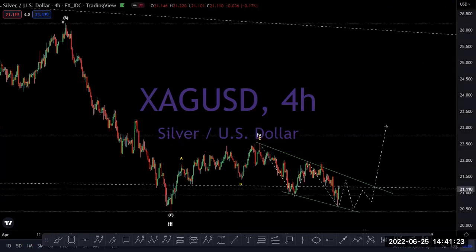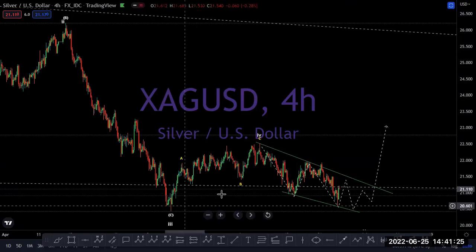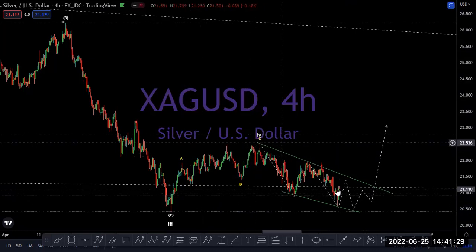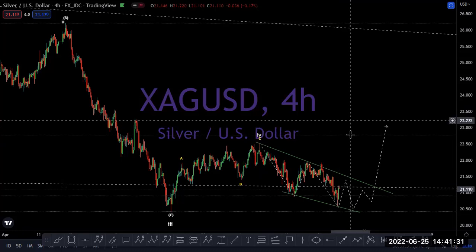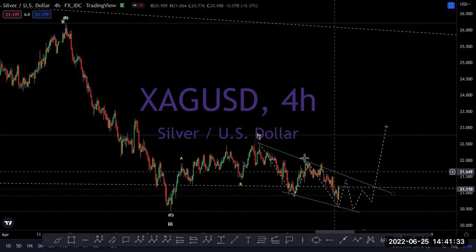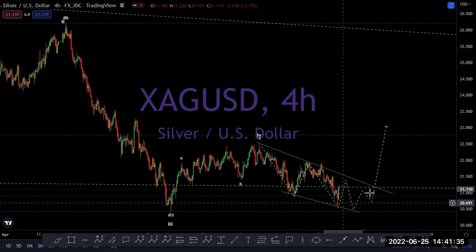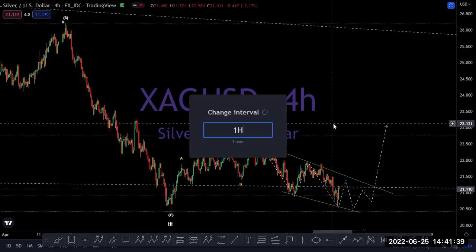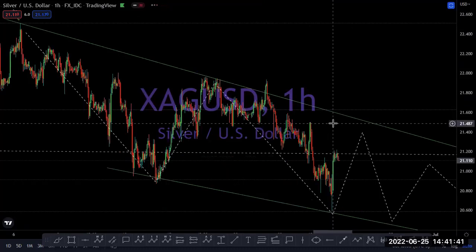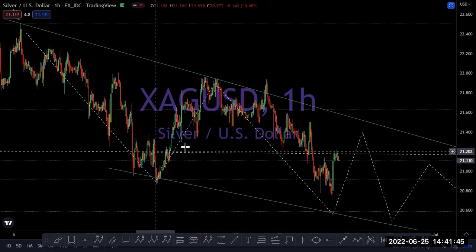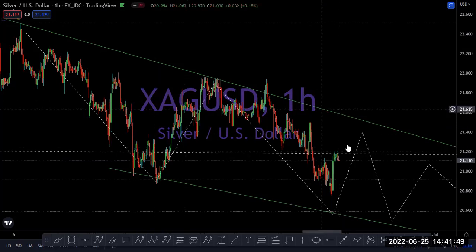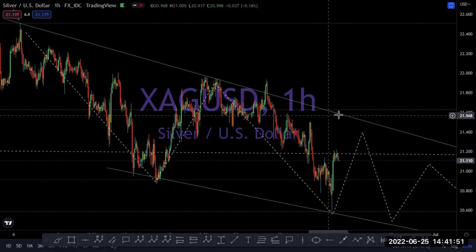Or secondly, this is a slow start of an impulse move. And if that is the case, this channel may end up being a diagonal on 1 hour. I'm just showing you, it's difficult to trade silver now. Gold is easier to trade than silver. So it calls for patience until the market is clear.